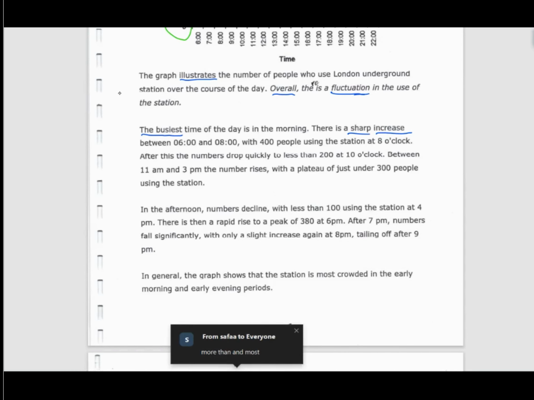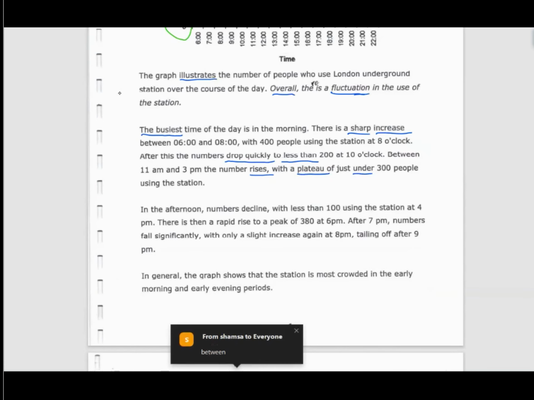Okay, more keywords. More keywords. Drop quickly. Yes. Rises. Less than. Very good. Less than. Under. A plateau of also is a keyword here.